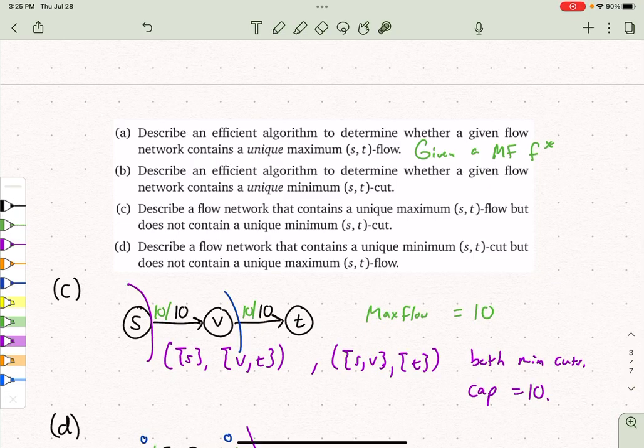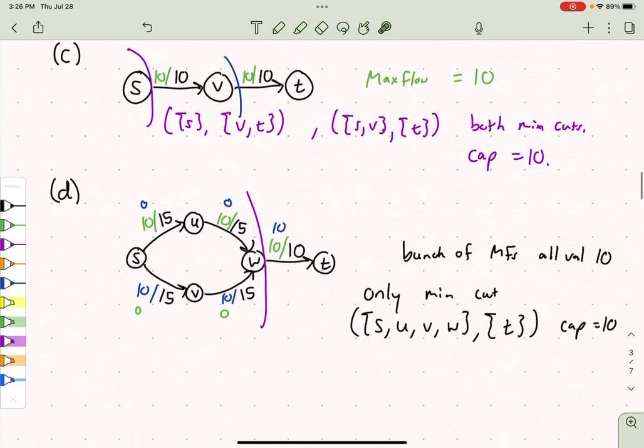The reason we do that is because generally we want it to be faster than recomputing a max flow from scratch. So even if we're not given the max flow in advance, we can compute it, but we want the other steps in the computation to be pretty fast relative to the initial step. So we want the first step, compute a max flow, to be the hardest step in the algorithm. The rest of it should be pretty simple.